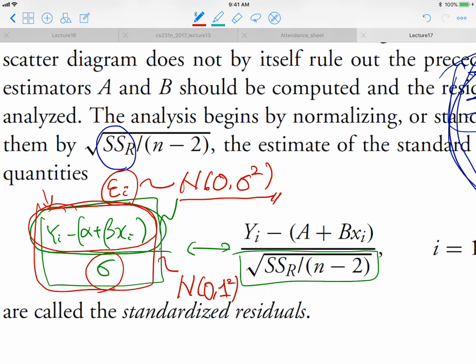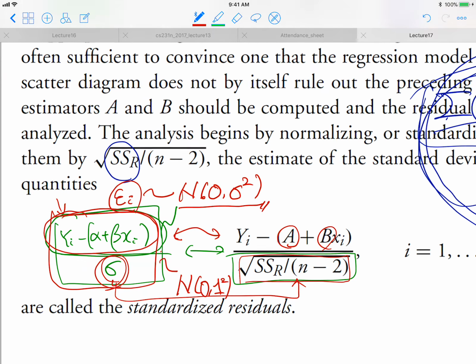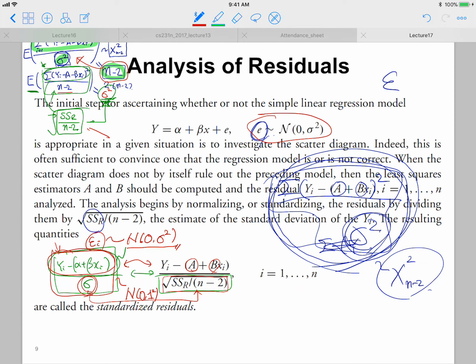Okay, and then let's compare this guy with this. We change alpha and beta to our estimation values, and the sigma, the true standard deviation value, to the estimator that we obtained here.